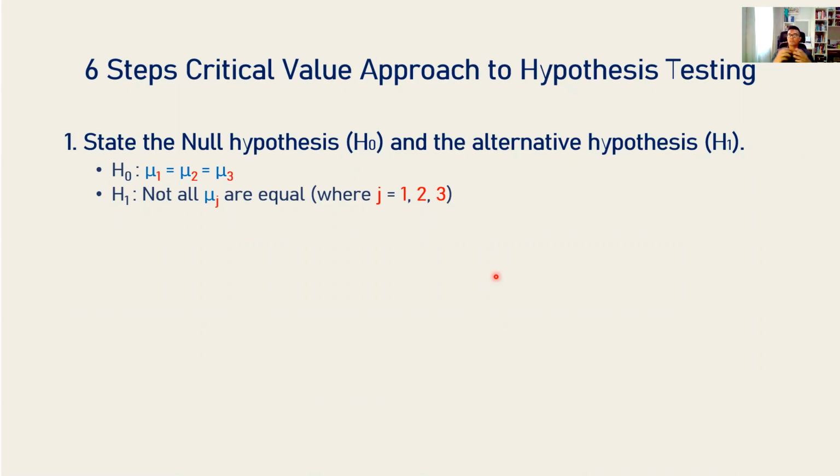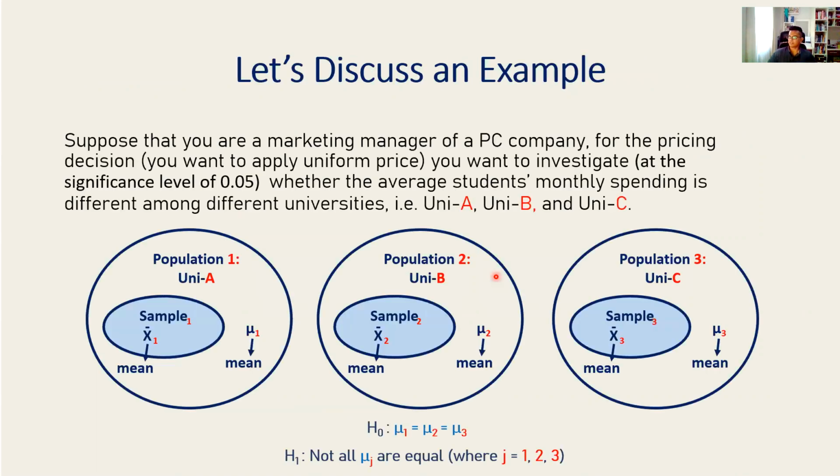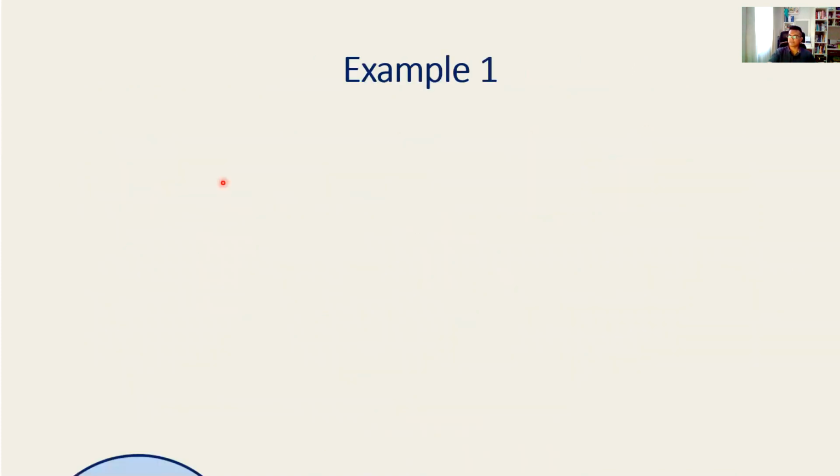And the alternative is that not all average monthly spending values are equal. The problem states that we have to test at the significance level of 0.05.